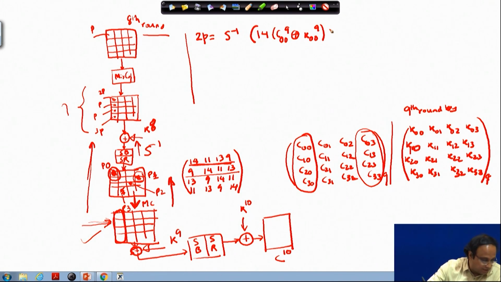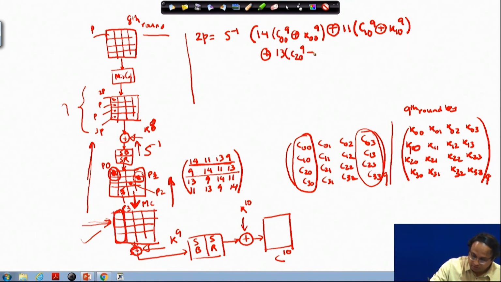So I take 14, 11 and I apply on this. If you just continue like this, you get 11 times C109, okay, and that is XORed with K109, and that is XORed with 13 times C209 XORed with K209, XORed with 9 times C309 XORed with K309.